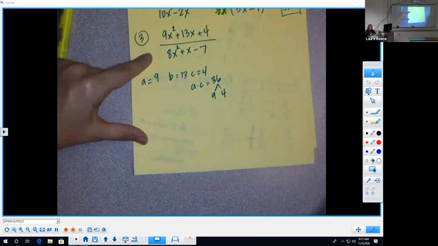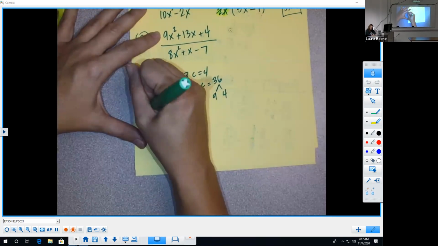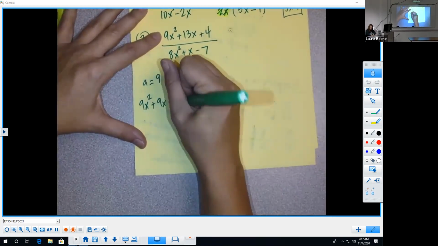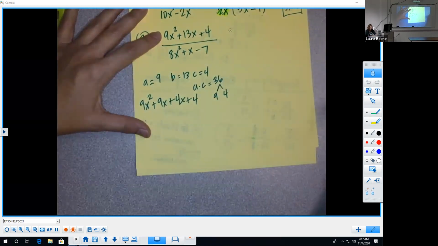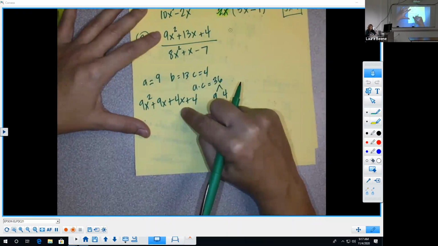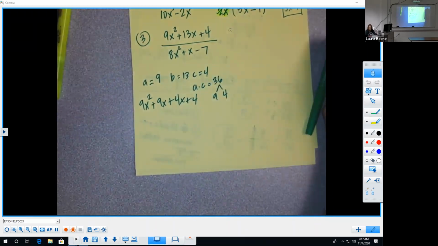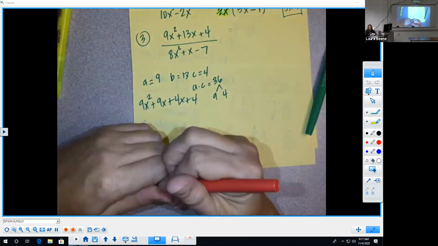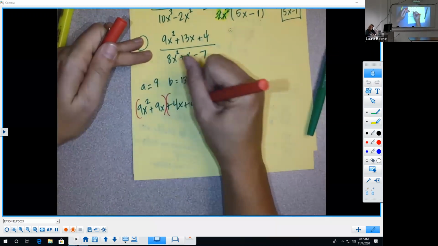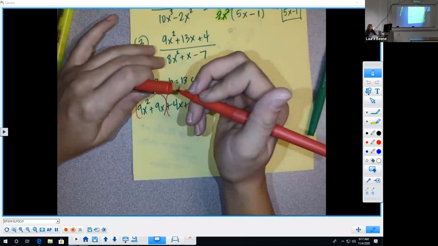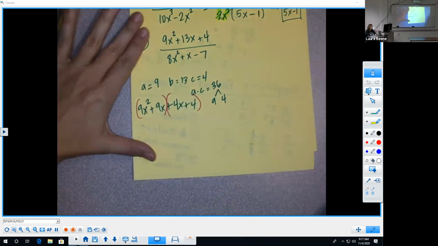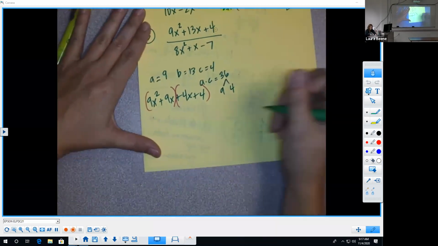So I rewrite my problem as 9x squared plus 9x plus 4x plus 4. I rewrote 13x as 9x plus 4x. And then what do I do from here? Factor by grouping, right? Put the first two together, put the second two together. The first two, 9x squared plus 9x, what do they have in common? 9x.